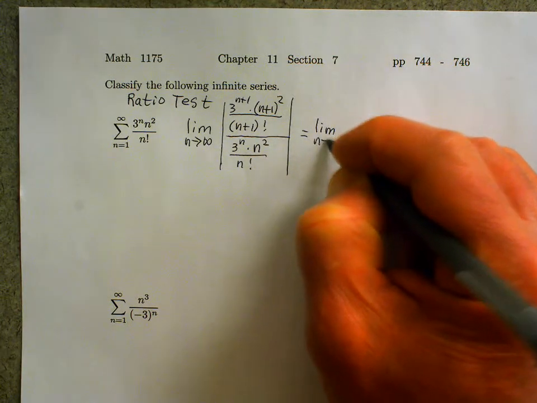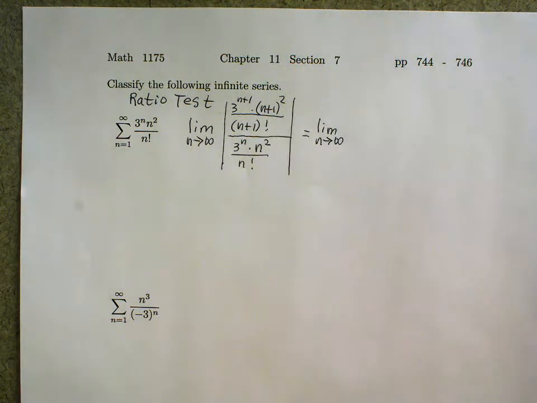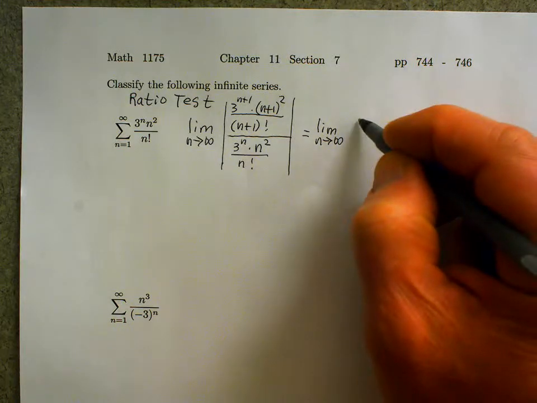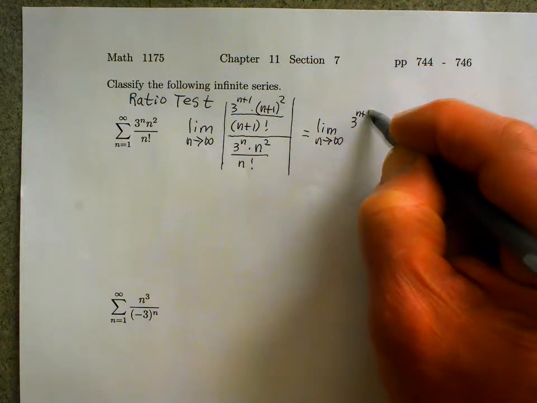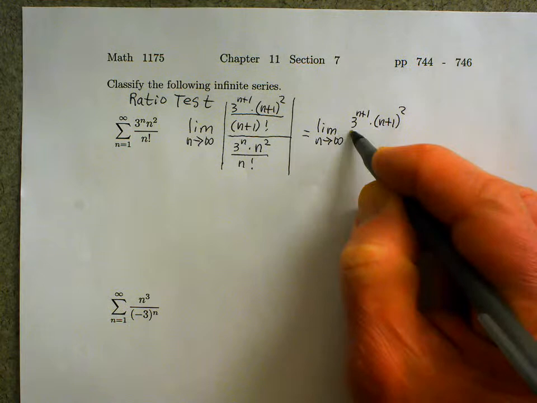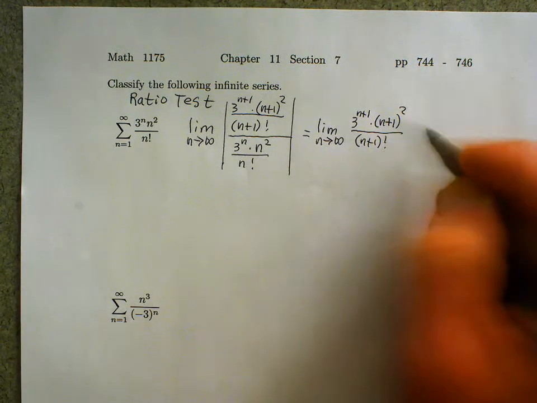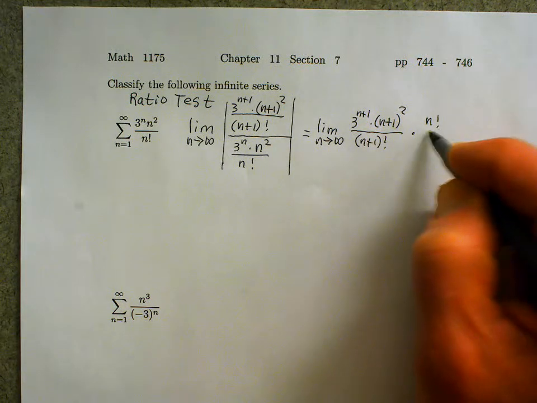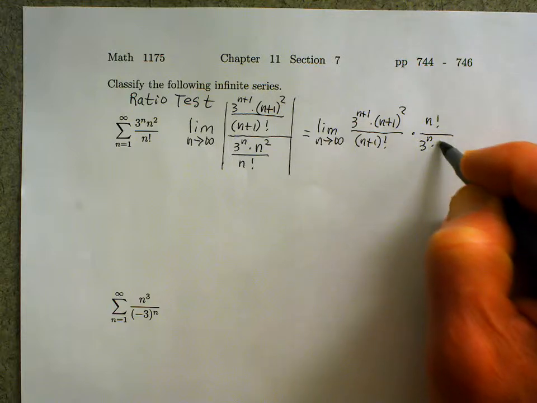So in the next step, we'll simplify the complex rational expression and write it as 3 to the n plus 1 times n plus 1 to the second over n plus 1 factorial times n factorial over 3 to the n times n to the second.